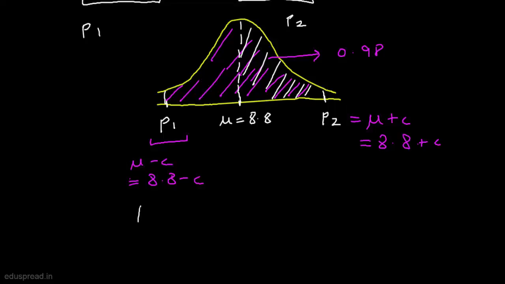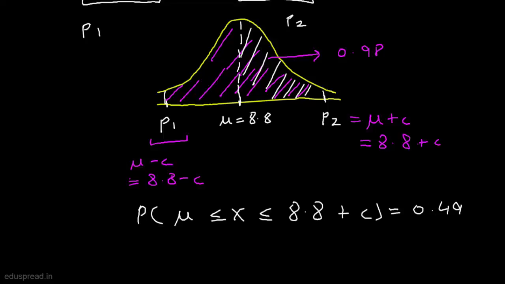So that means the probability that x is greater than or equal to mu and less than or equal to 8.8 plus c is equal to 0.49, and we can write it in this way because normal distribution is a symmetric distribution. So these two sides are mirror images of each other. Similarly, we can write the probability that x is greater than or equal to 8.8 minus c and less than or equal to mu is equal to 0.49, because this curve is symmetric.